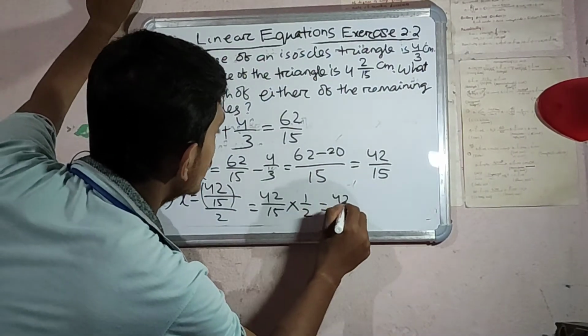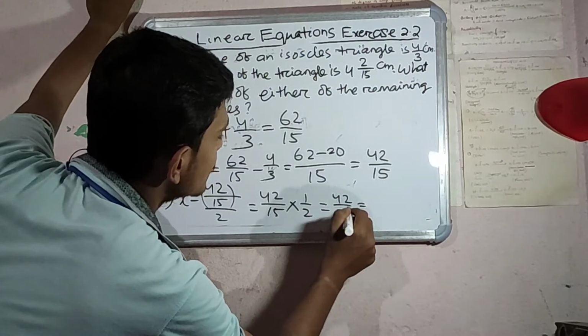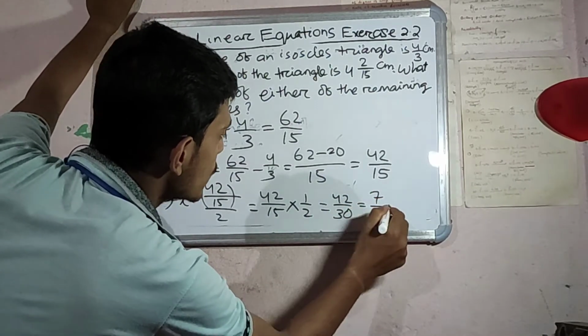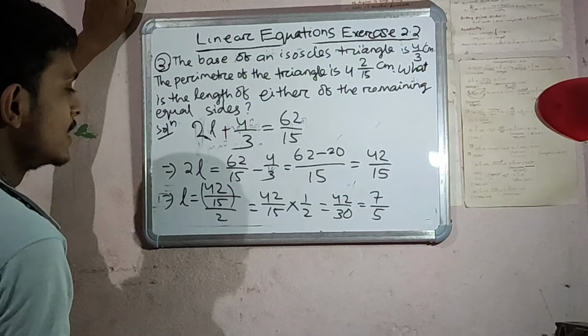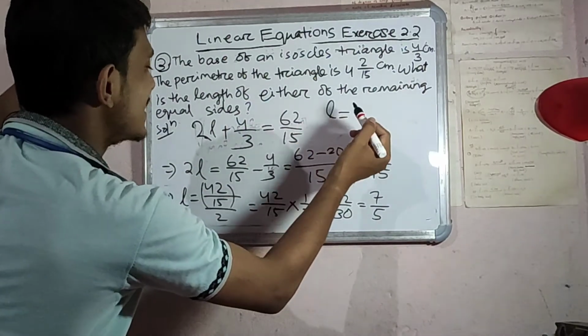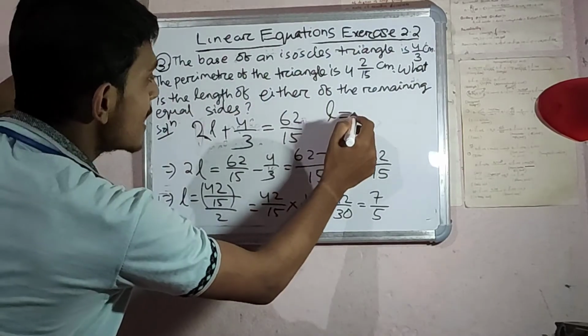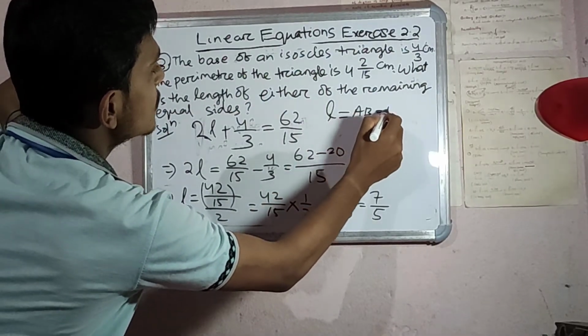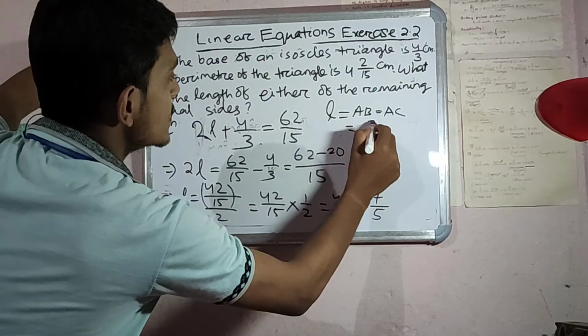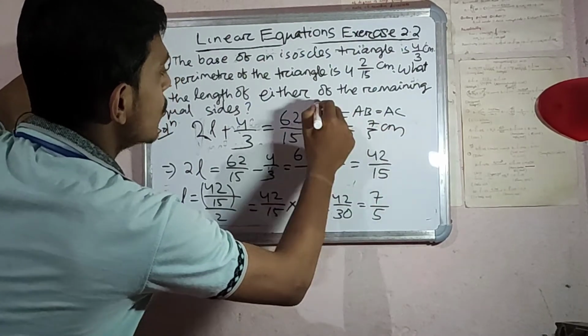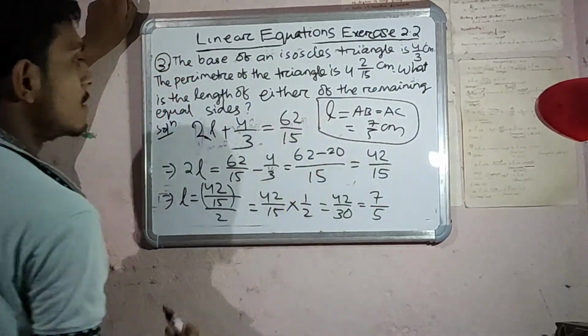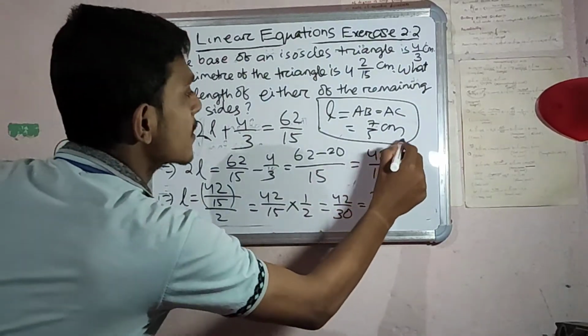So 42 upon 30, that is 6 7s are 42, 6 5s are 30. So the value of length L, what is the length of either of the remaining equal sides? That is L equal to AB is equal to AC is equal to 7 upon 5 centimeter. This is the answer.